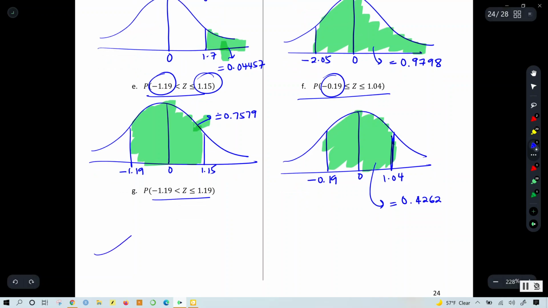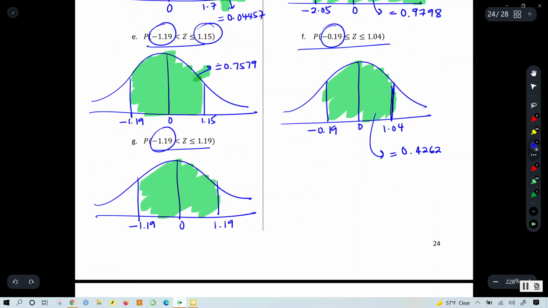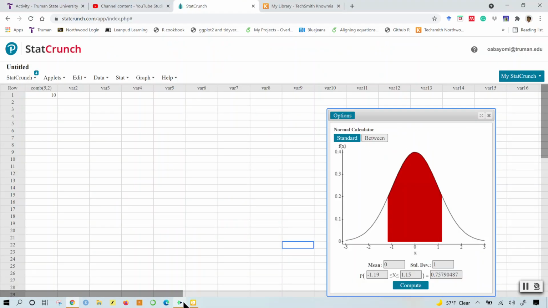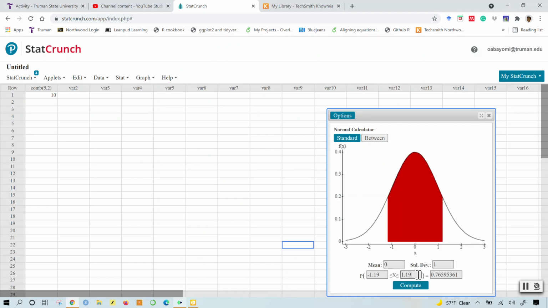And then for the last one, we're going to have 0, negative 1.19, and this is 1.19, and this is this region. If you go into StatCrunch and key in these values, I'm just going to need to change this to 19 and hit enter.